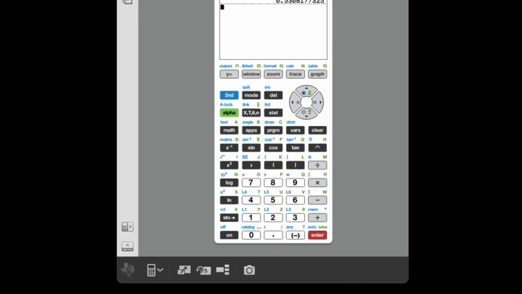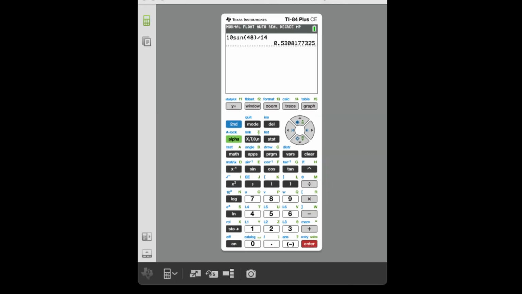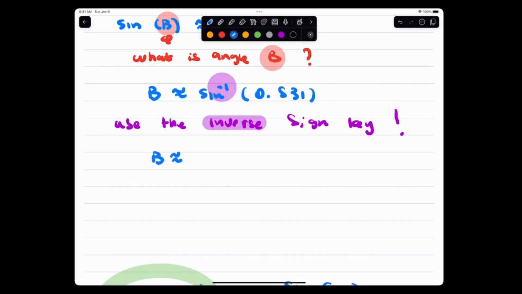So what we're going to do now is take the second sine key in blue and put in 0.531. And what do you guys end up with? 32.1 degrees. Now, what I'll say to you guys, just go to the whole degree.